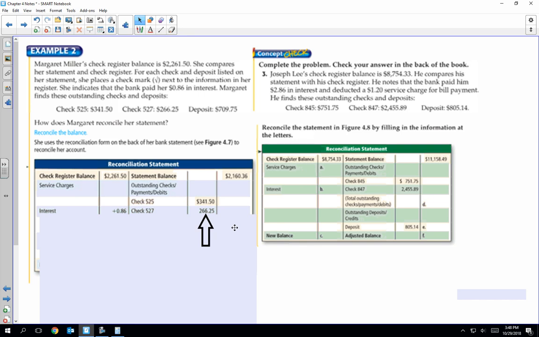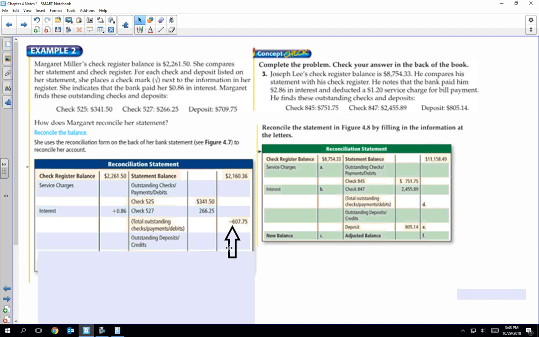We add those together to find the total that we subtract from our statement, so we subtract $607.75. We have an outstanding deposit or credit of $709.75, so we're going to add that to our statement balance.